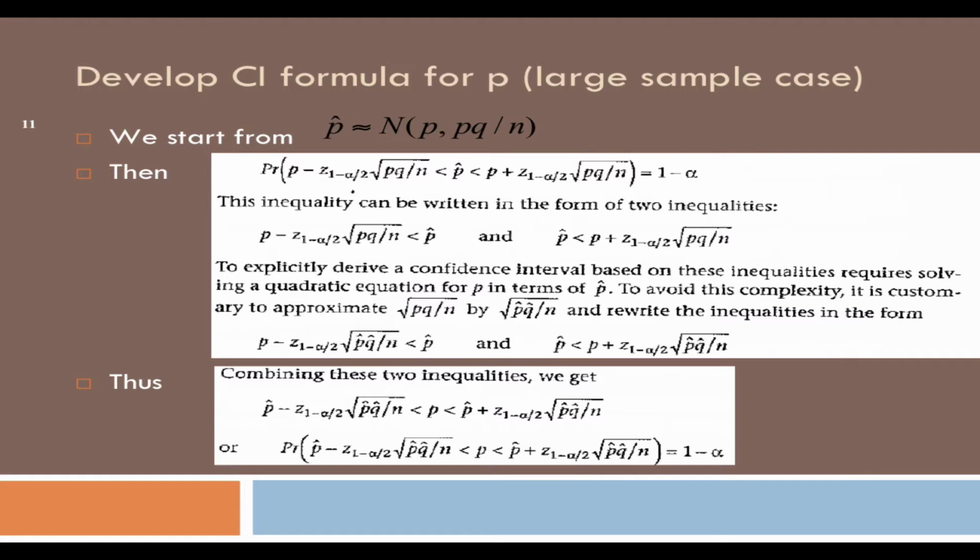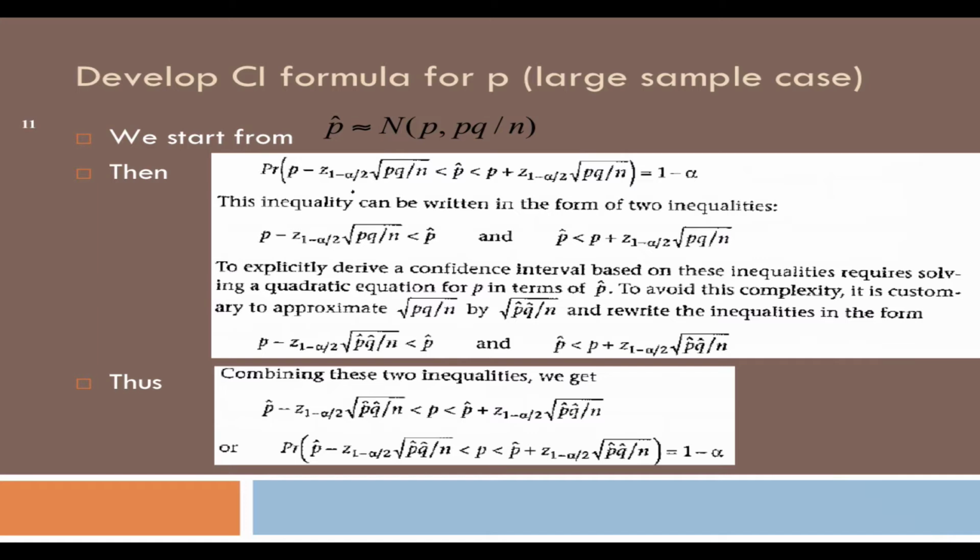We actually need to substitute these two parameters by their estimates respectively. So P hat and Q hat, and this is P hat and Q hat. And you got this one. So this gives you how to estimate the confidence interval for P.